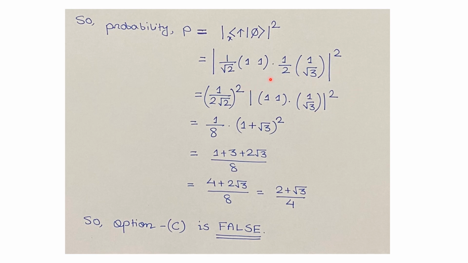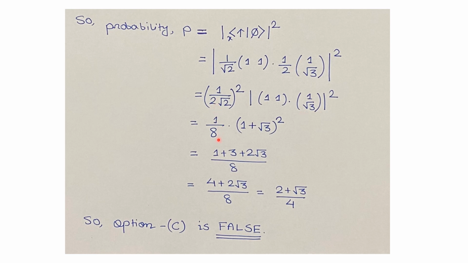So we can take out this 1 by 2 and 1 by root 2 from this mod square. So it will give 1 by 2 root 2 whole square times mod square of the multiplication between these two matrices (1, 1) and (1, root 3). So this will give mod of 1 plus root 3 whole square, times 1 by 8.